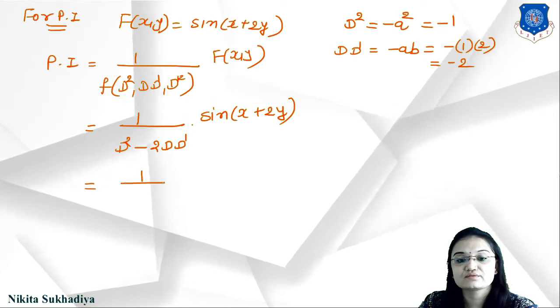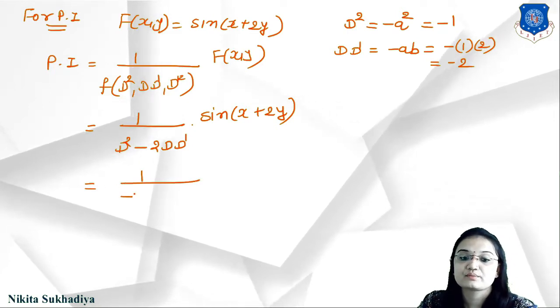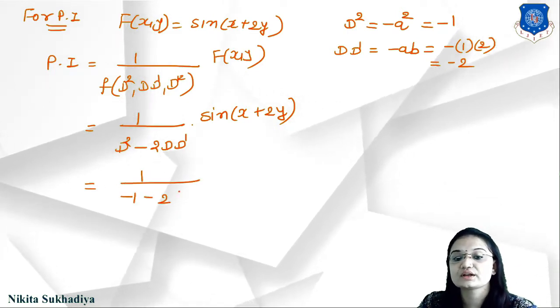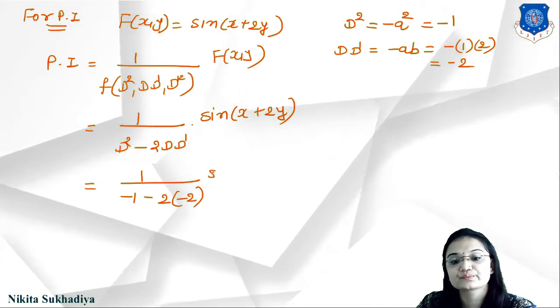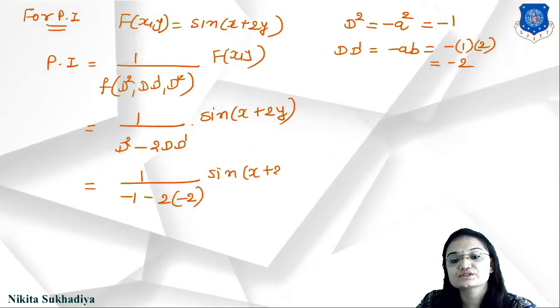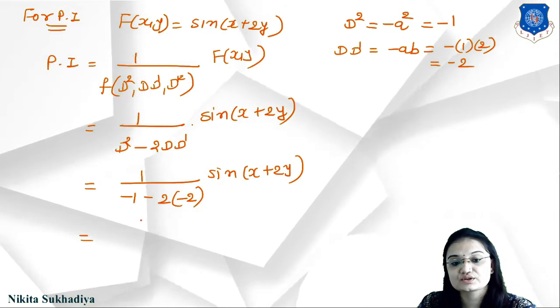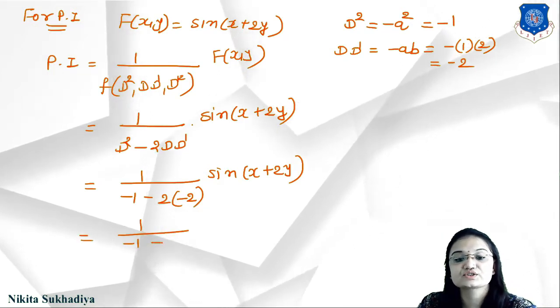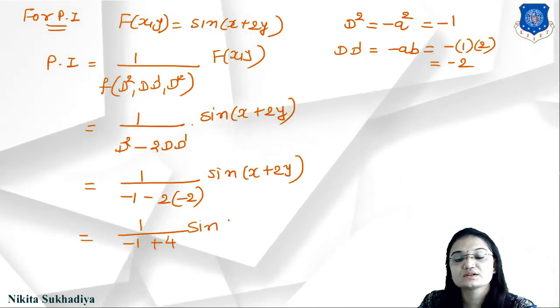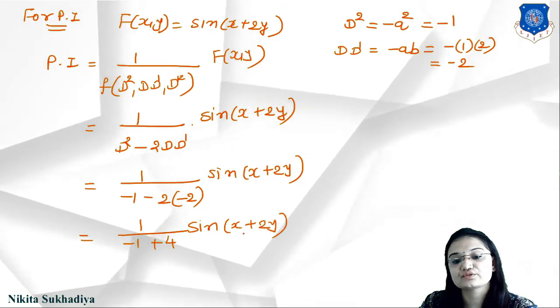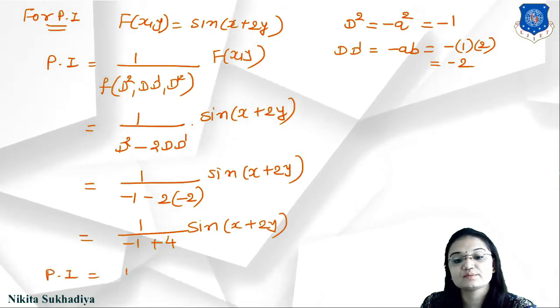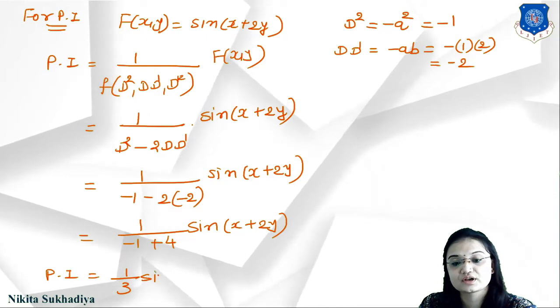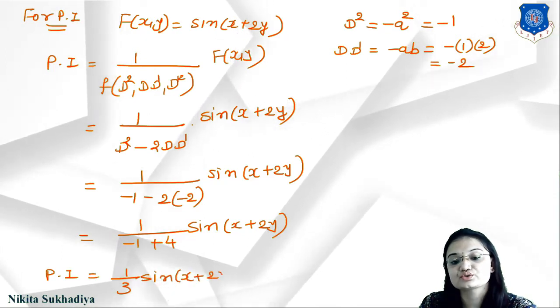So this will become 1 upon (minus 1 minus 2 times minus 2) sin(x plus 2y). So this will become 1 upon (minus 1 plus 4) sin(x plus 2y). So our final particular integral will become 1 upon 3 sin(x plus 2y).